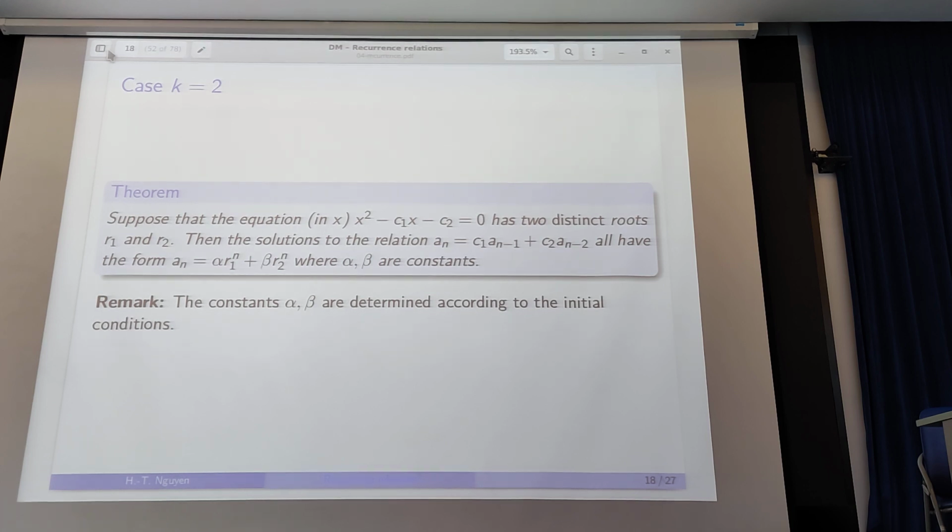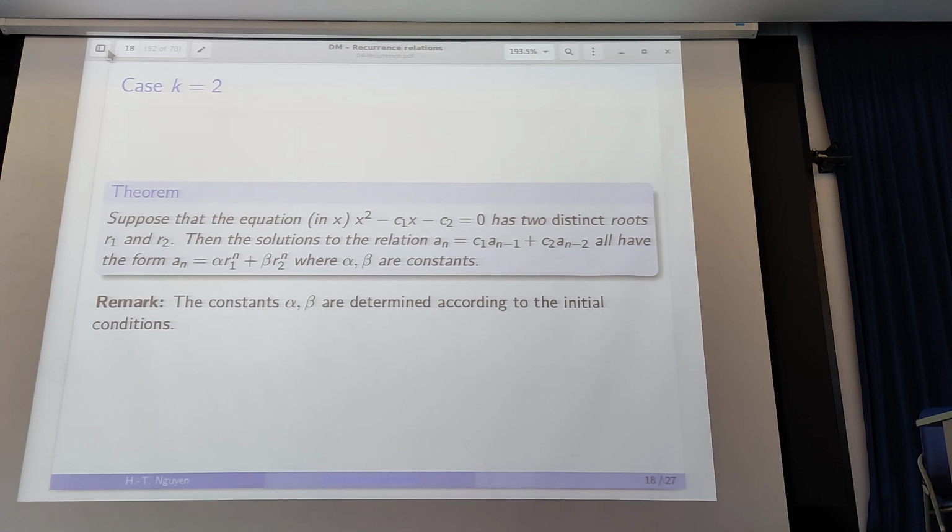In fact, if you have An is equal to alpha R1 n plus beta R2 n is a solution, that means that you verify the relation. You calculate An minus C1 A n minus 1 minus C2 A n minus 2.